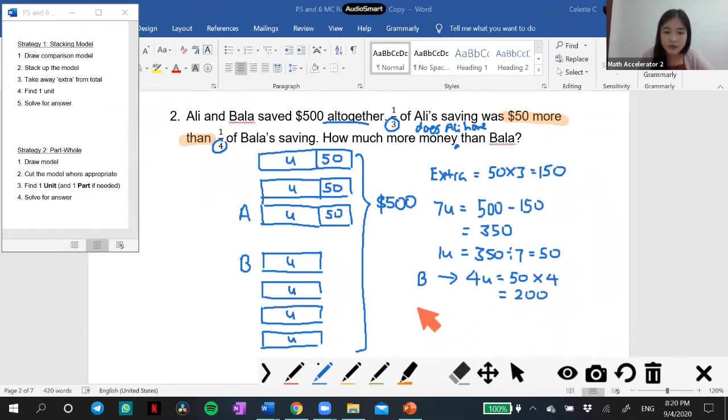Okay, now find Ali. 3 units. Okay, 3 times 50. This is 3 units plus the extra 150.